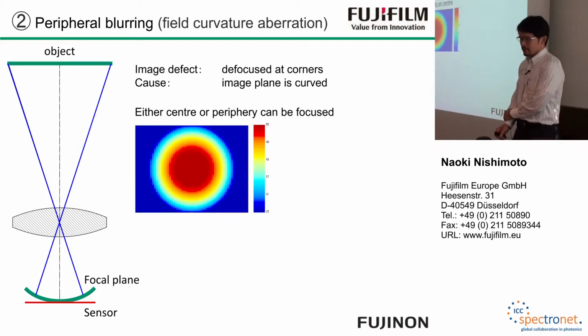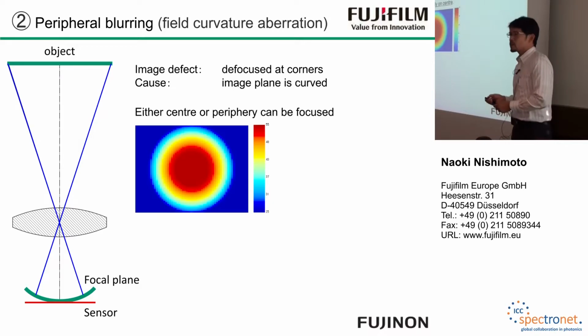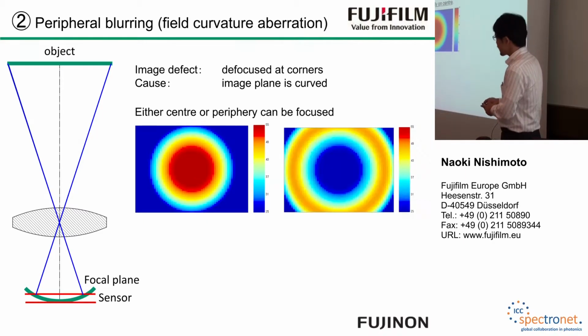Second image defect is peripheral blurring. This is because the image plane is curved. A bit strange, but it's the actual situation. Image plane is curved. What we call field curvature aberration. If the lens has big field curvature aberration, we can only get resolution in the center, and in the corners we lose resolution, defocused.